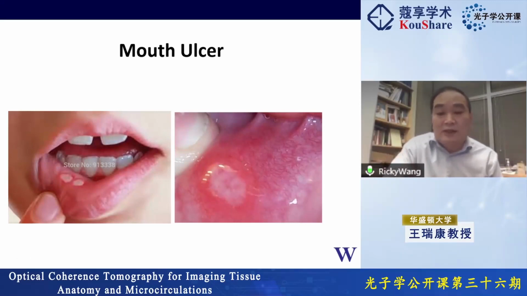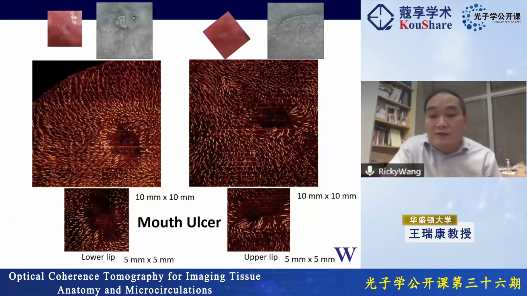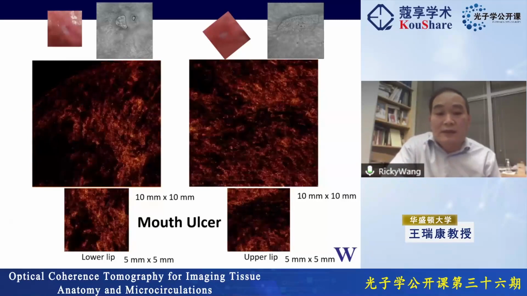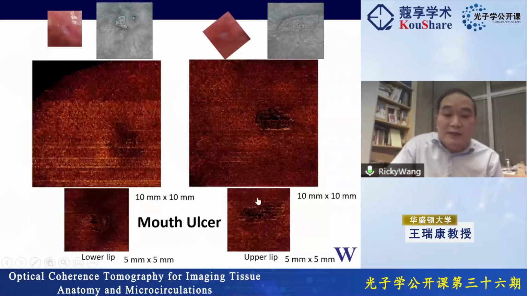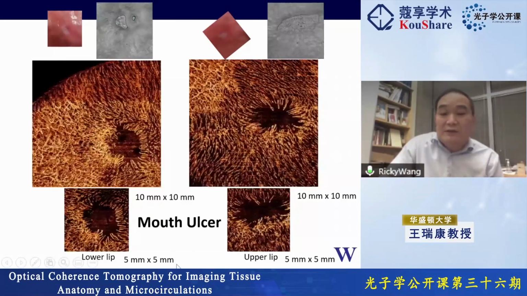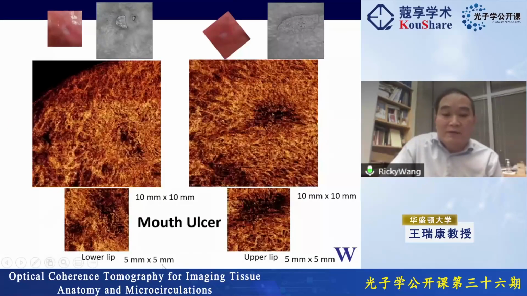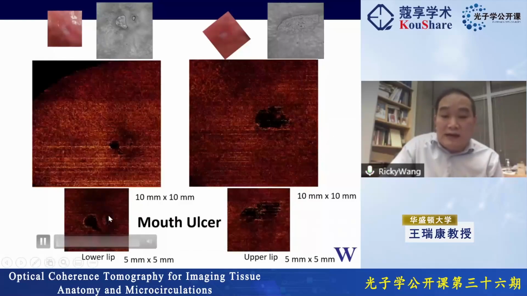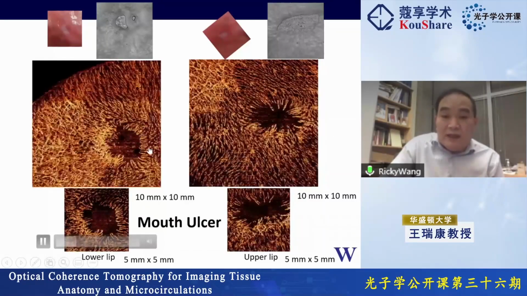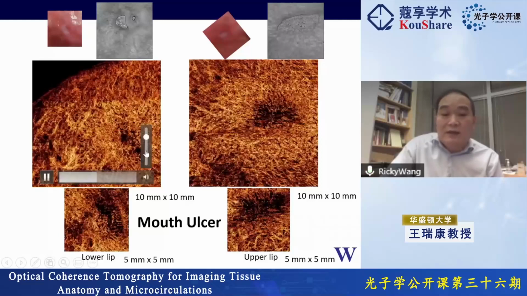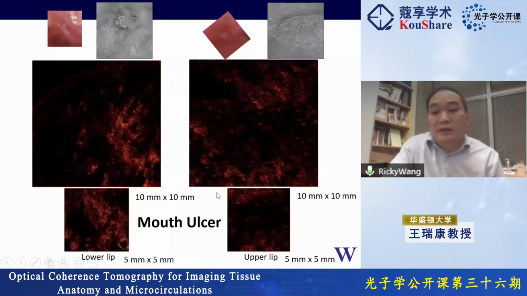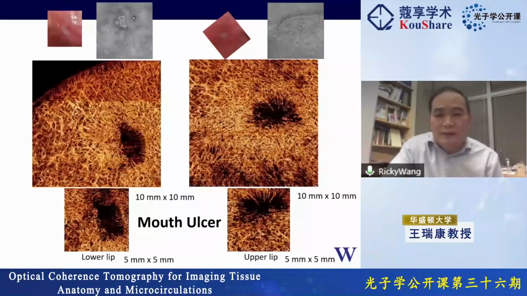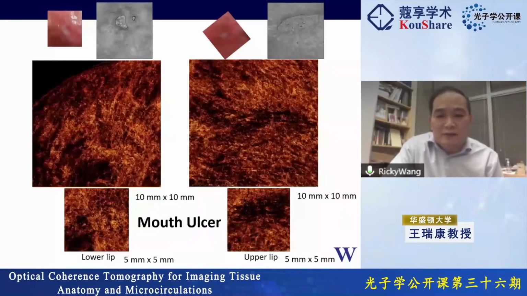And using OCT, you can look at how this vasculature is remodeled in this mouth ulcer. This is 10 by 10 scans, and this is 5 by 5 scans. The 5 by 5 scans have higher resolution because we want to look at how vasculature is involved in this mouth ulcer. And you can see that OCT gives you very detailed vasculature information in this disease model.